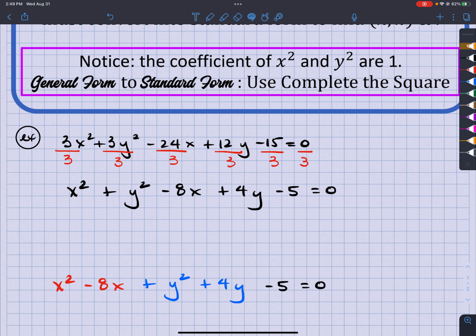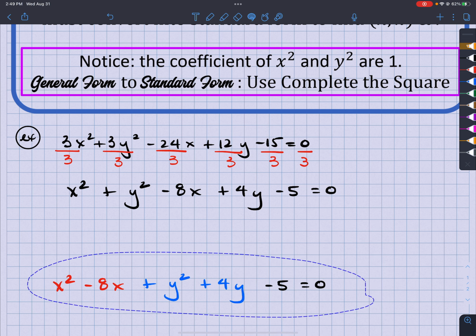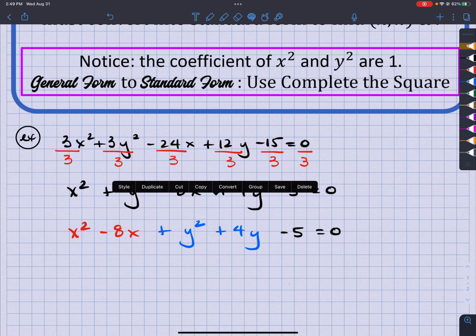Now I'm left with the rest. So if you can see, I just reordered this. I didn't change anything, right? I just reordered it so that my x's are together and my y's are together.